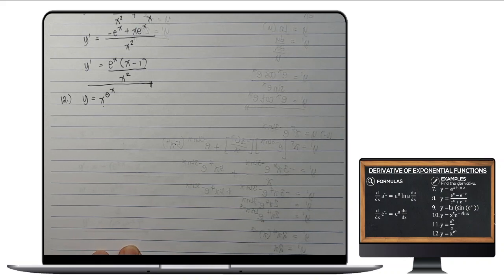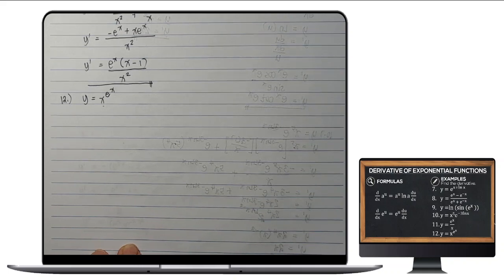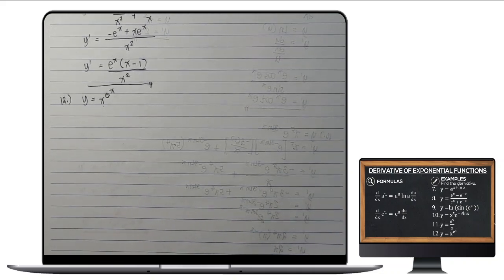Because we don't have a formula for this form, a function of x raised to a function of x, we have only function of x raised to a constant, the general power formula, and a constant raised to a function of x. But in this case, we are given a function of x as the base and a function of x as the exponent. So when you encounter this type of problem, this will be the proper solution.